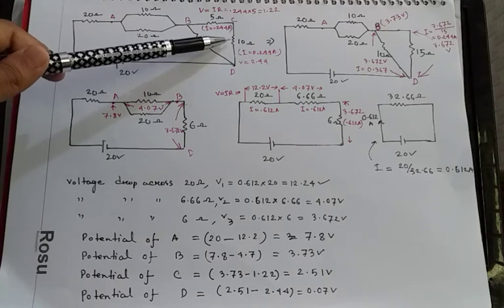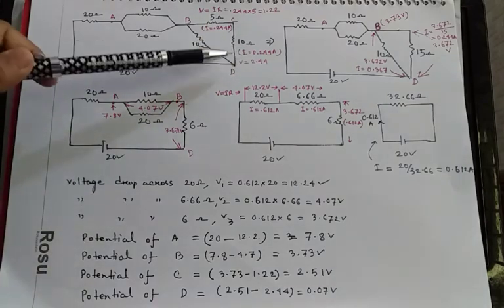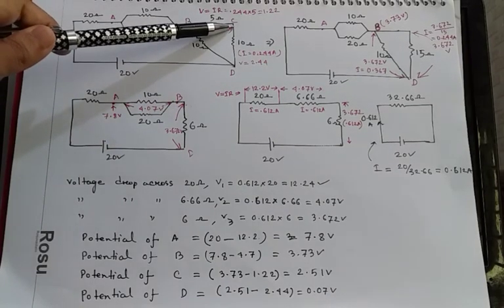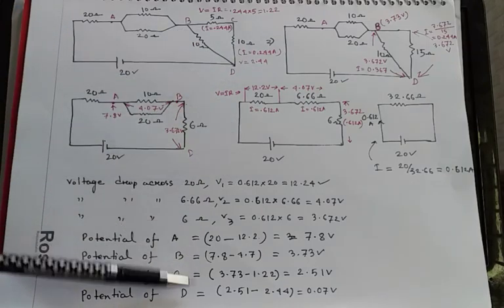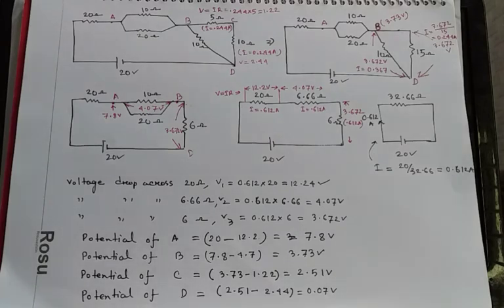The drop across the 10 ohm resistor will be 2.44 volt. Then the potential of D will be the potential of C, 2.51, minus the drop 2.44. That means the potential of D will be 0.07 volt. So in this way we have calculated all the potentials that are mentioned in our question, that means for points A, B, C, D.